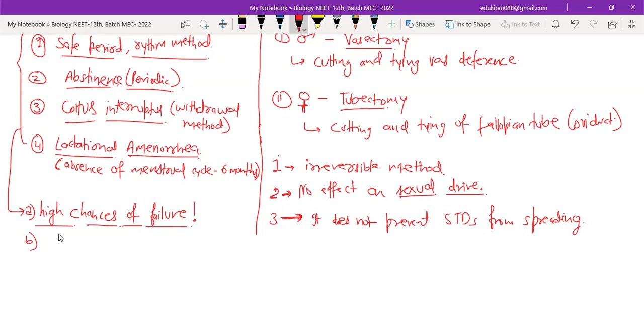No, not at all, right? So they do not prevent STDs from spreading. Okay, everyone, both these things are clear.